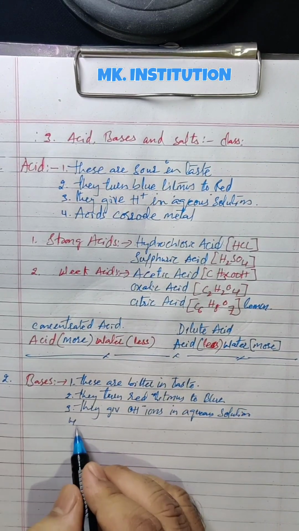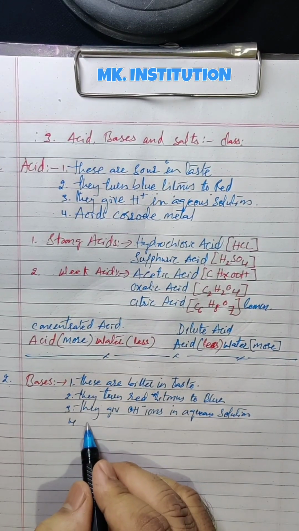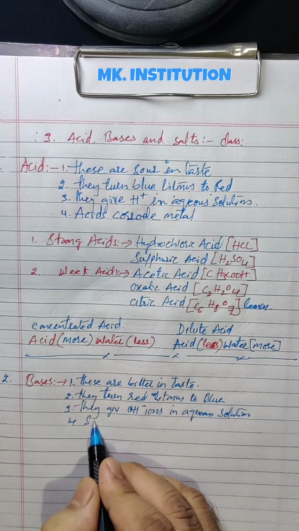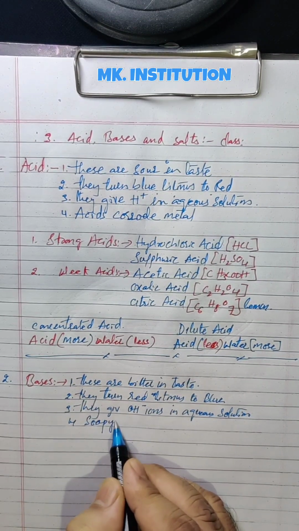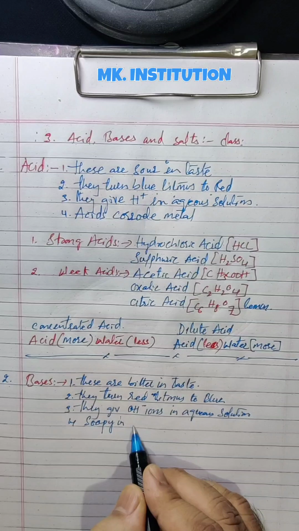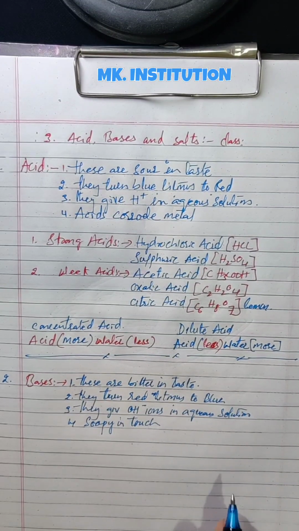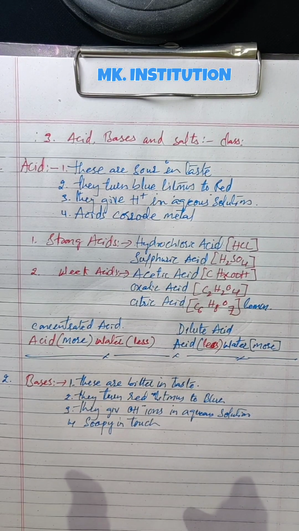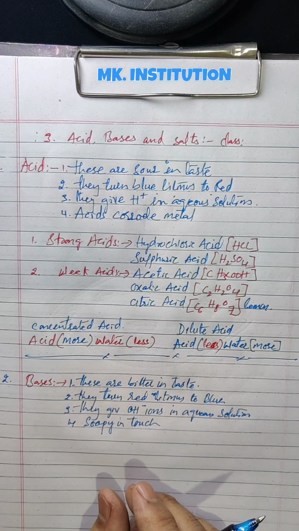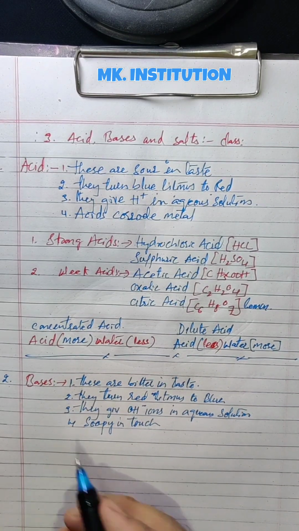And the fourth: they are soapy to touch. Especially you can find this in soap, for example Lux, Rexona, whatever it may be. In those soaps, sodium hydroxide is present. Clear? Now we'll write examples, strong ones and weak ones.